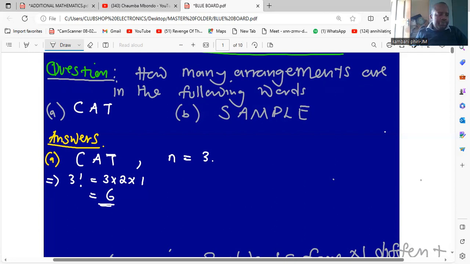Then B, we have the word sample. In this case, we have 1, 2, 3, 4, 5, 6 letters, so our n is 6.